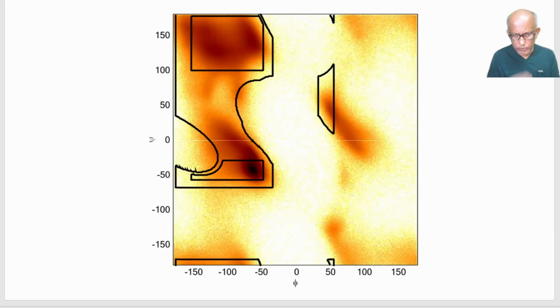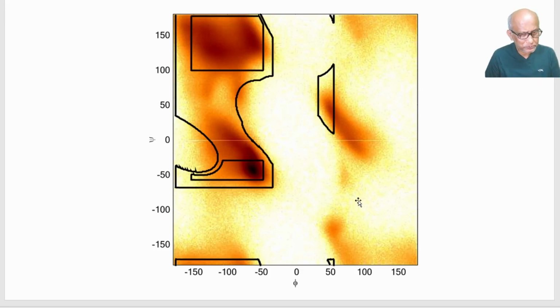This particular map here is the steric Ramachandran map. The black lines show the Ramachandran contours, and what I also have is a lot of points. Each point represents one amino acid conformation taken from the database, and in the dark regions there are a huge number of points, while in the lighter yellowish regions there are fewer points. I think the whole map contains more than 200,000 different residue points.